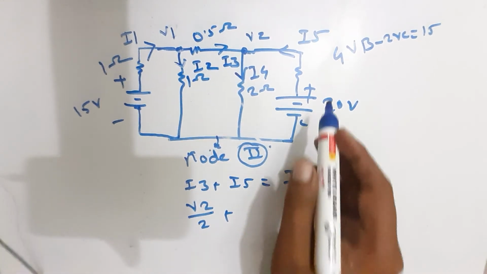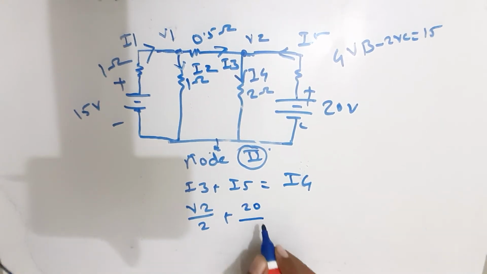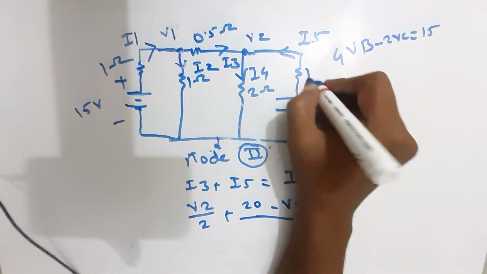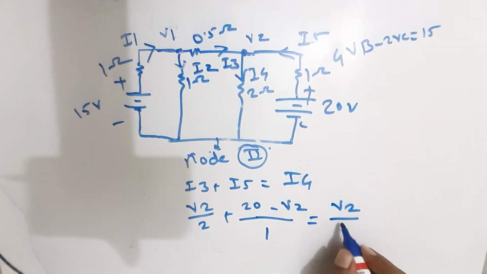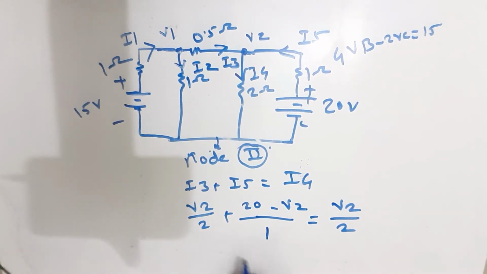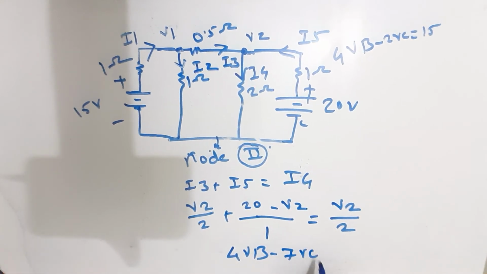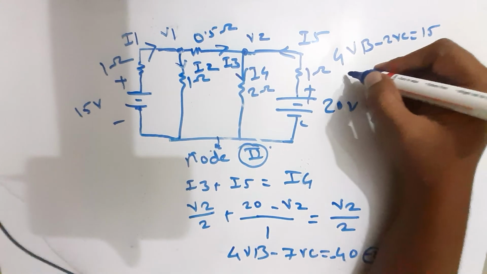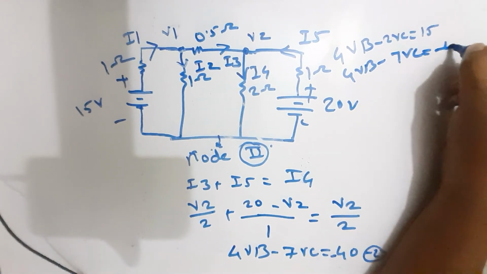I5, starting voltage is 20 minus end voltage V2 divided by 1 equal to I4, V2 by 2. Okay, just do the cross multiplication, you will get 4VB minus 7VC equal to minus 40. Okay, this is the second equation. So 4VB minus 7VC equal to minus 14.